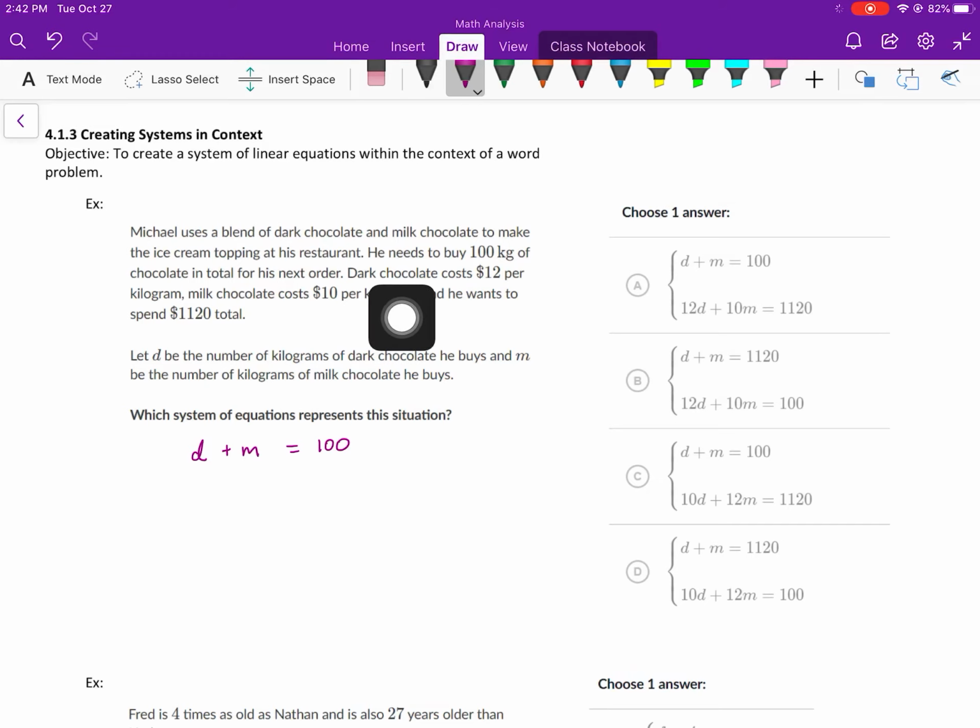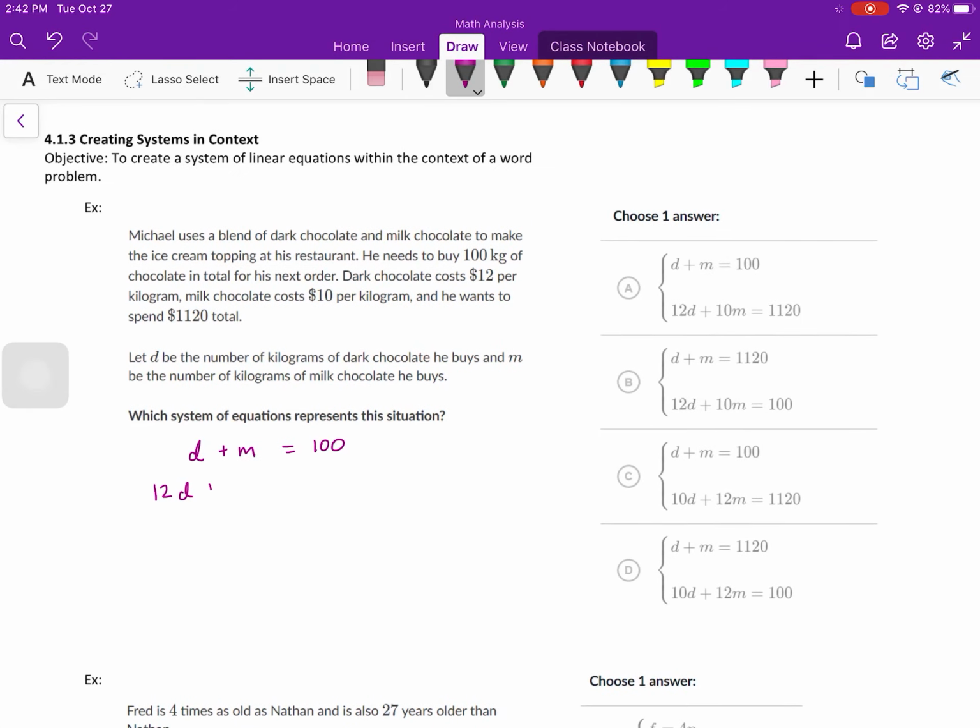Now, if you read the rest of it, dark chocolate is $12 per kilogram. Milk chocolate is $10 per kilogram, and he wants $1,120 total. So if you think about it, however much dark chocolate we decide that he buys, it's $12 for each one, plus however much milk chocolate he buys, it's $10 for each one. Figure milk chocolate would be a little bit more expensive, but who knows?